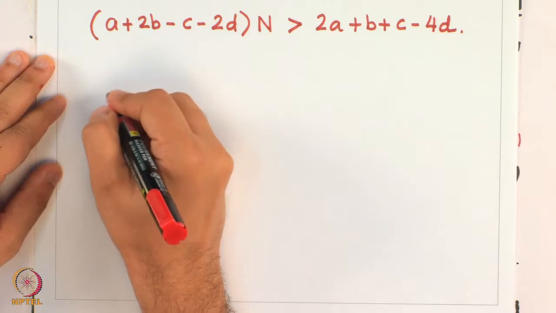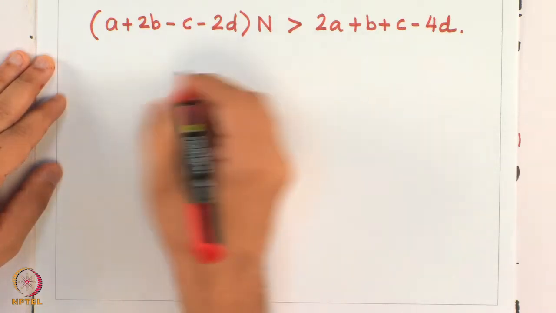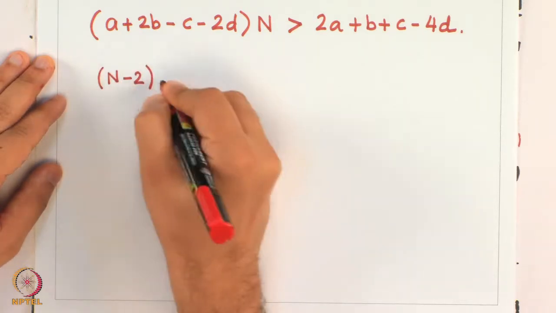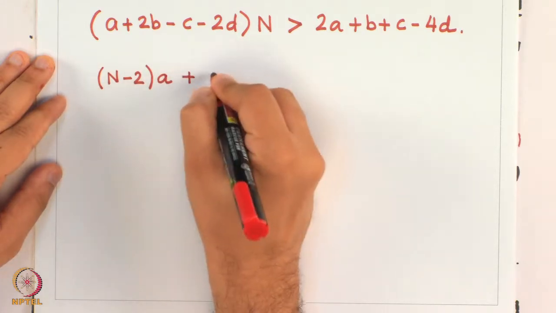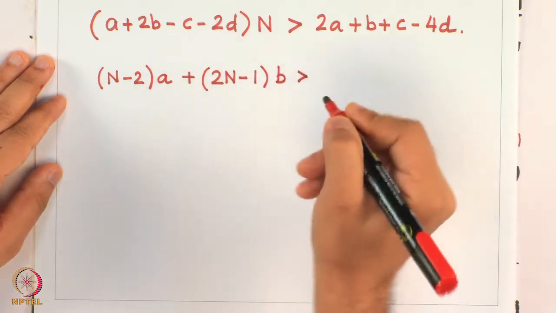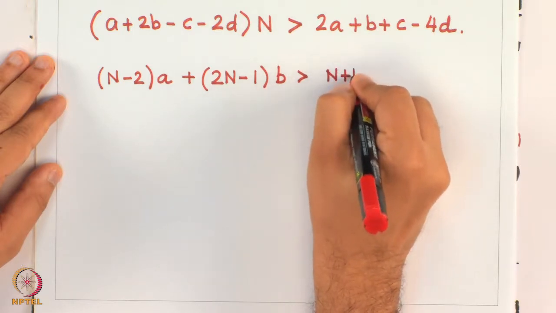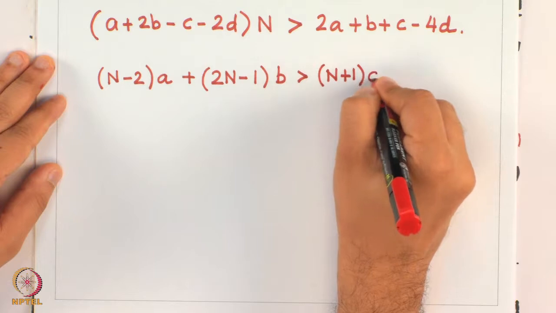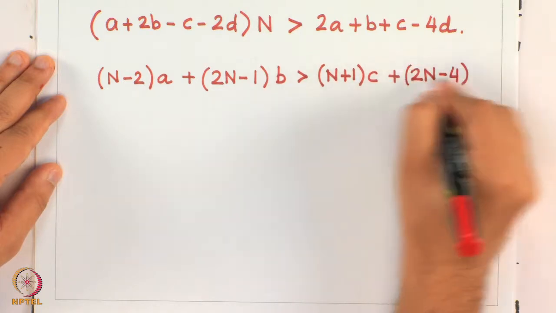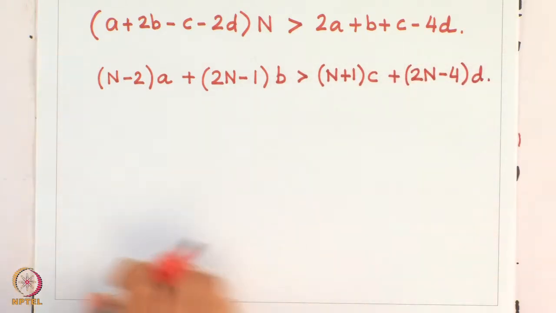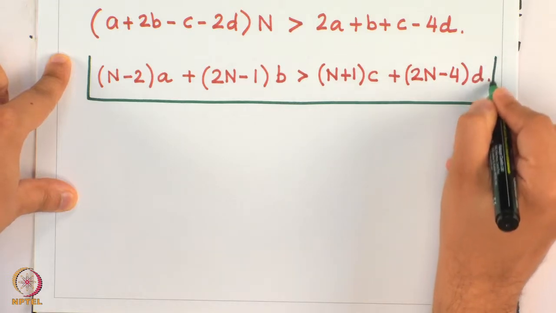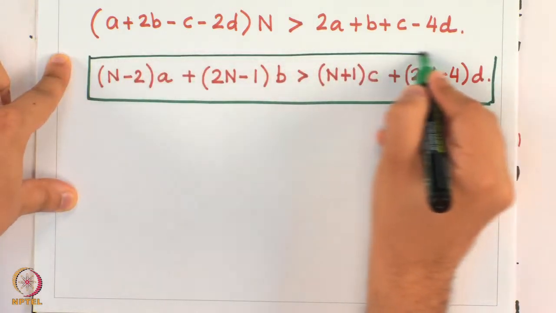I can simplify this a little bit by clubbing all the terms associated with A, B, C, D, and I get (n minus 2) times A plus (2n minus 1) times B should be greater than (n plus 1) times C plus (2n minus 4) times D. So that is the expression for the condition that the fixation probability associated with the mutant is more than 1 by n.